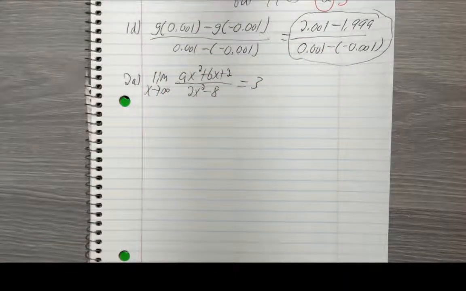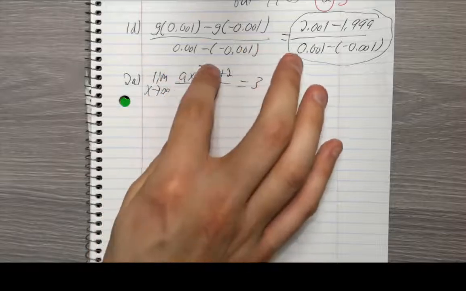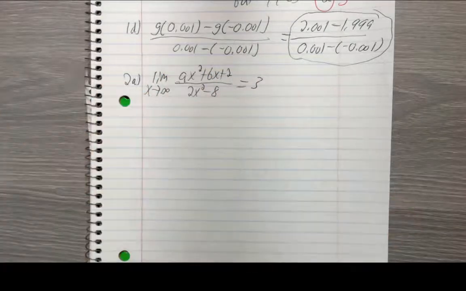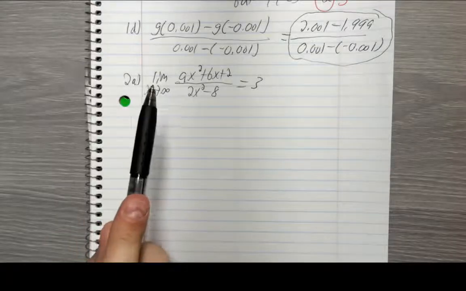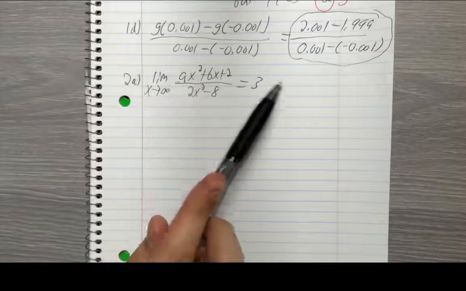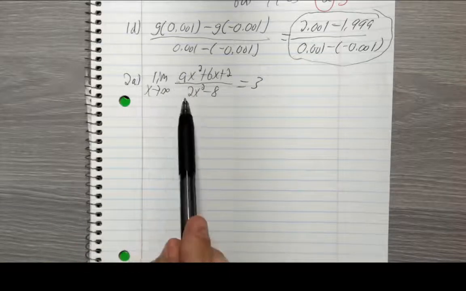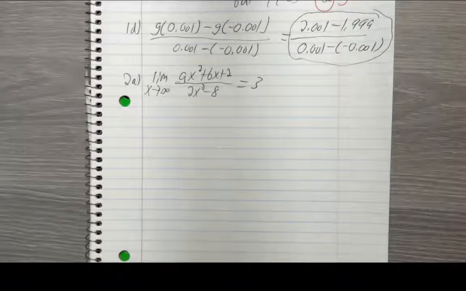So you would have basically gotten a plus b over x plus 2 over x squared, divided by 2 minus 8 over x squared. And the reason we did that was because once we plugged in the limit, basically everything went to 0, and all you would be left with is a over 2. I know I didn't write that down. Maybe you're visualizing, just a reminder.